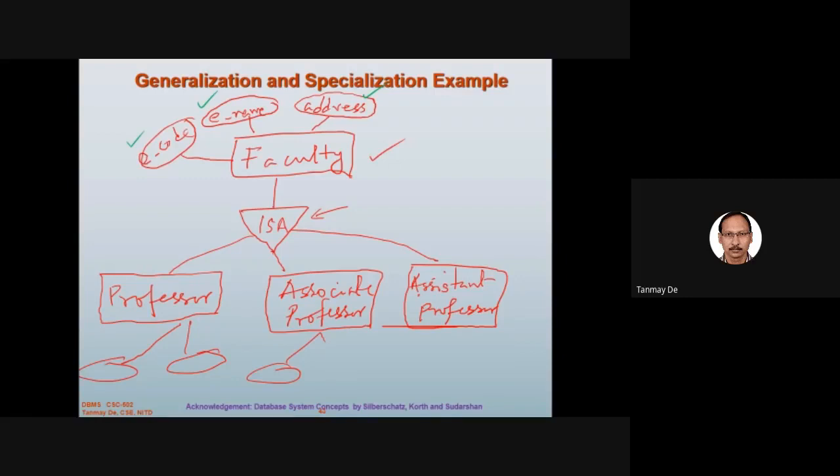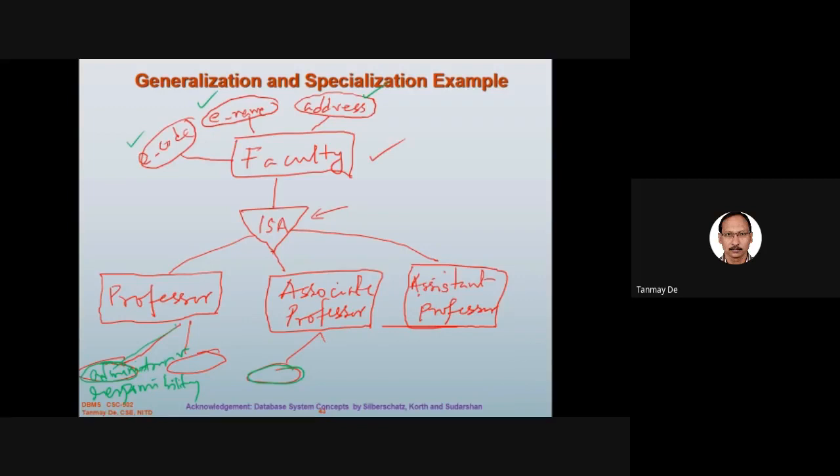Employee code, employee name, address, and maybe some other things. And here the professor may contain some other attribute, maybe administrative responsibility. Whereas the assistant professor has no administrative responsibilities, and associate professor may have some other things.